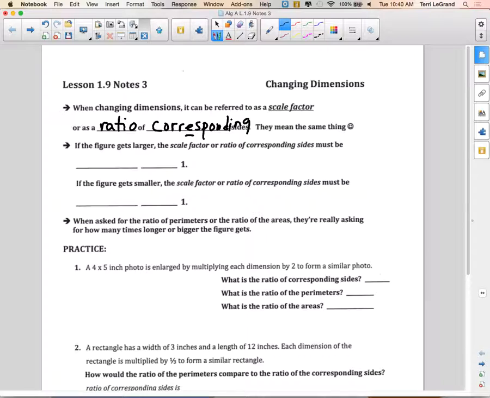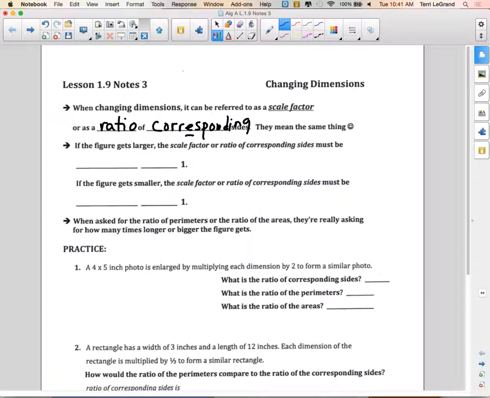Just like you did yesterday when you were doing that scale factor worksheet, that's why I had you do it. You were setting up a ratio of corresponding sides to find the scale factor. So you would take a side from the original figure, you would set up a ratio over the corresponding side of the new figure. Are you with me?